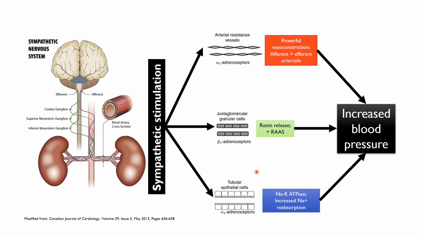The effect of activation of the sodium-potassium ATPase pump is subsequent additional reabsorption of sodium. And all three of these effects work together in concert with the big main goal of increasing blood pressure and trying to restore body systems.